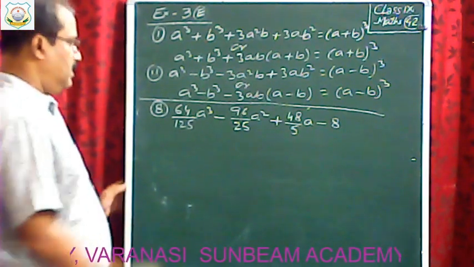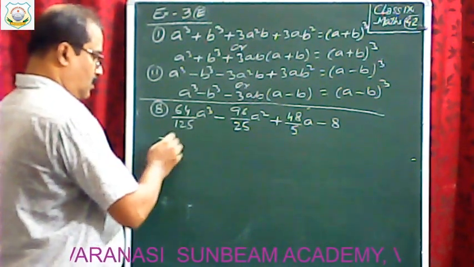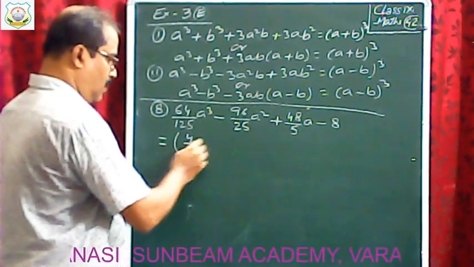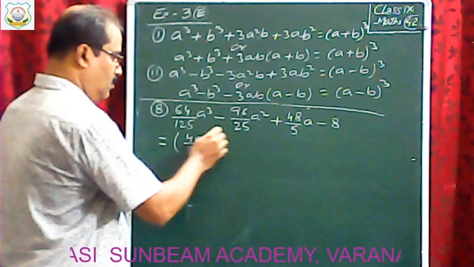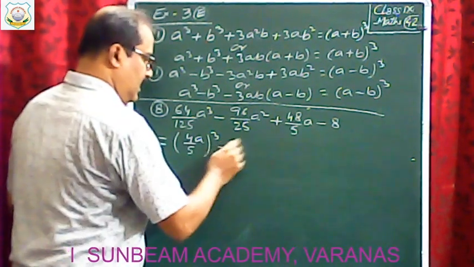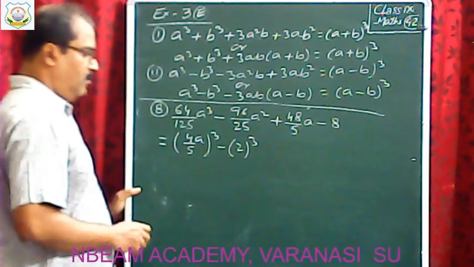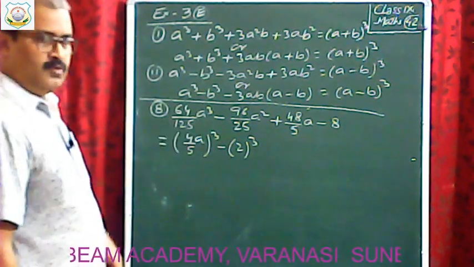So according to the identity, we have to express the terms. 64 is (4 upon 5 a) whole cube minus 8 is 2 cube. a is 4a upon 5, b is 2.